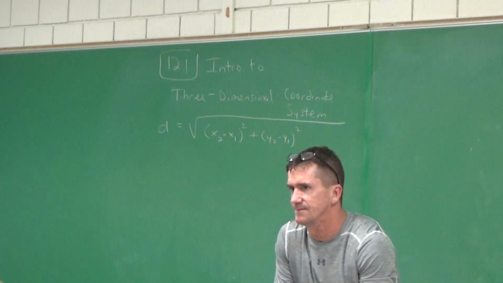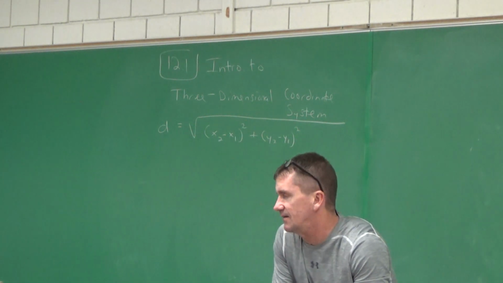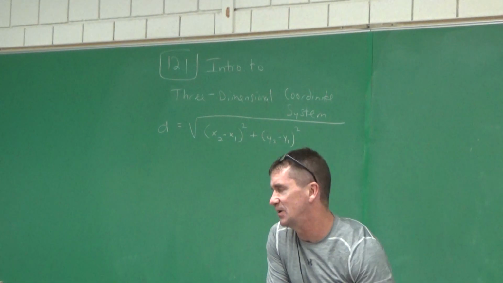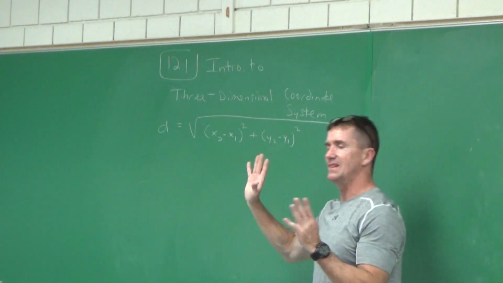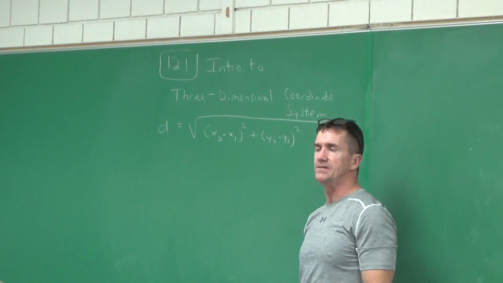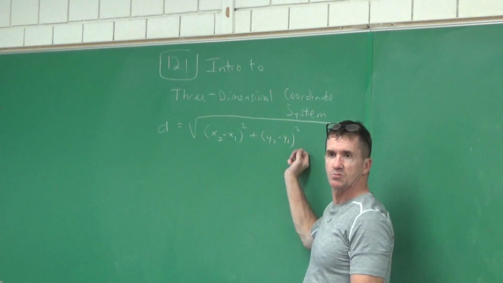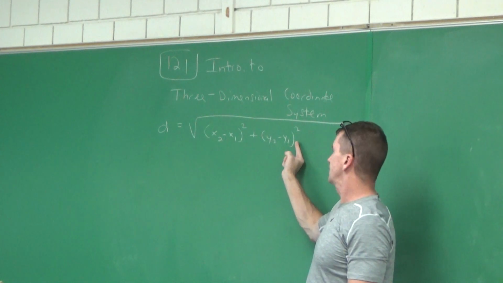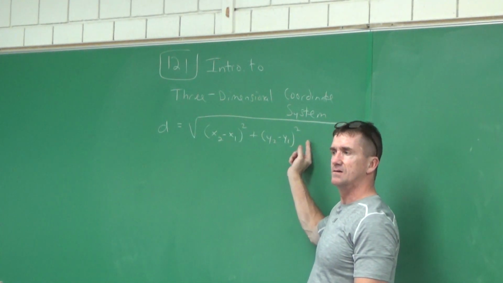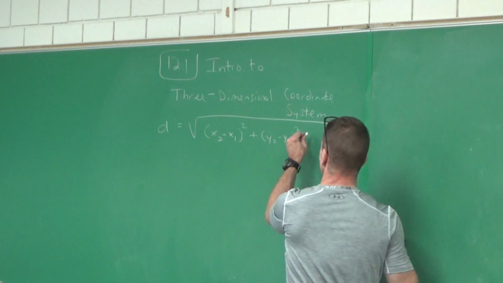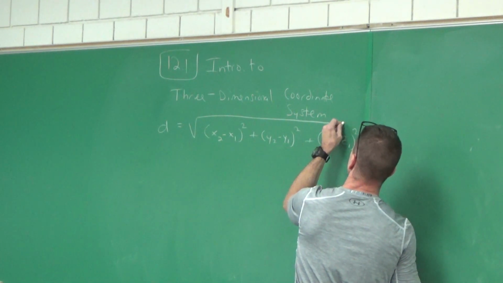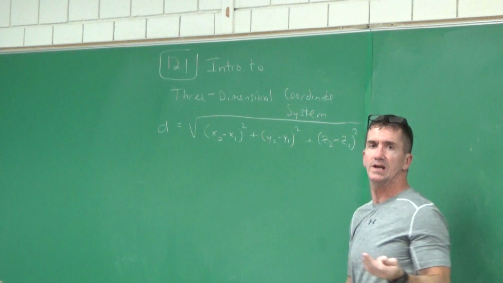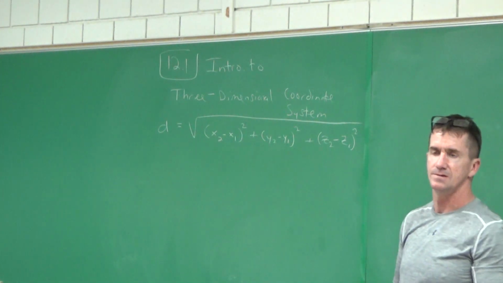If you see in Canvas, I made a little PowerPoint intro; a lot of these things are based off the Pythagorean theorem, even the equation of a sphere, which we'll show in a second. But if it's three-dimensional space, what do I have to add here? Z. Yeah, you got it. Now you add z2 minus z1 squared. That's the distance between any 2 points in three-dimensional space.